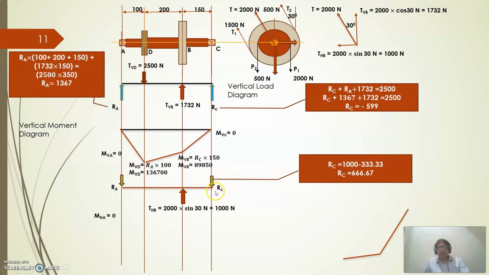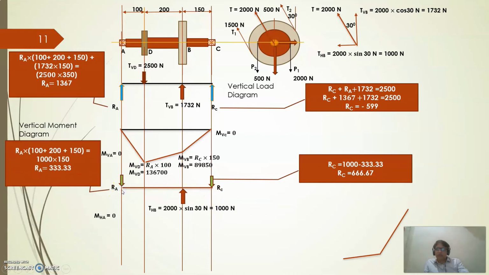RC is equal to, so you can find that, 100,000 minus 333.33 you are going to get. You will get the moment about this one.